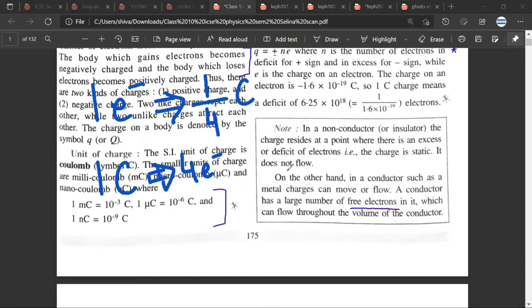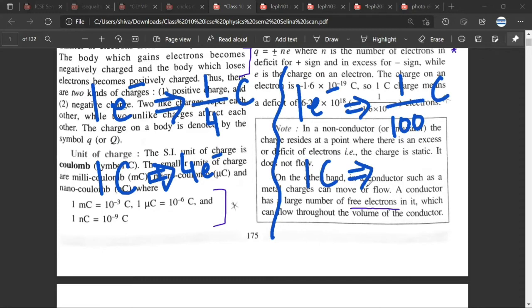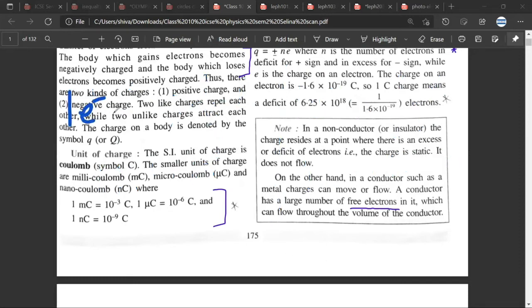Yes. Let us assume that 1 electron is equal to 1 by 100 coulomb, and if I require 1 coulomb, then how many electrons do I require, Mr. Sibang? 100 electrons. Mr. Satya, is it making sense? Yes. But now the issue is that 1 electron is equal to 1.6 into 10 raised to the power minus 19 coulomb.